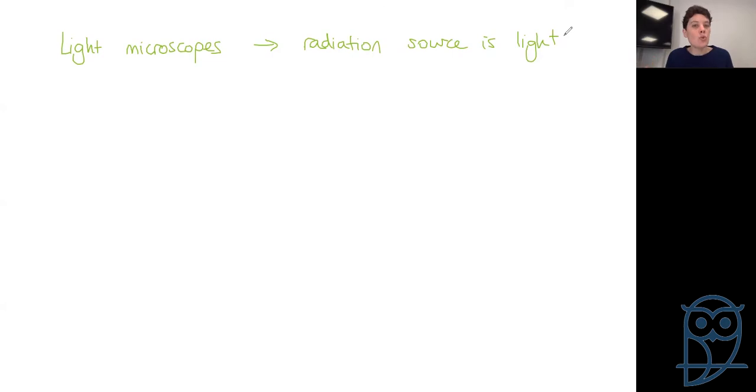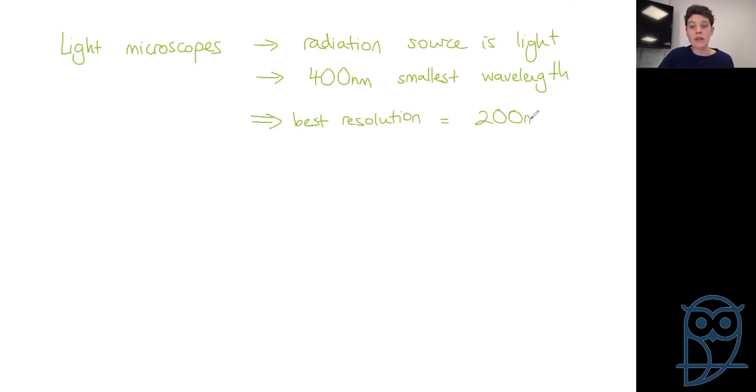So what is the shortest wavelength? 400 nanometers is our smallest wavelength for visible light. So that would mean our best resolution would be half of that, 200 nanometers.